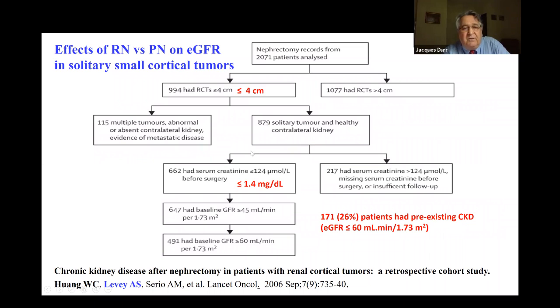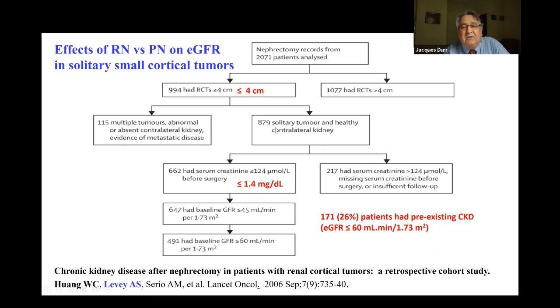So here, the first study, I'm starting again with Andrew Levy, who developed those equations. He wanted to show how useful they are, and he worked with a urologist. They had about 600 patients selected, with small tumors, and they compared radical versus partial nephrectomy, looking at the outcome concerning GFR.